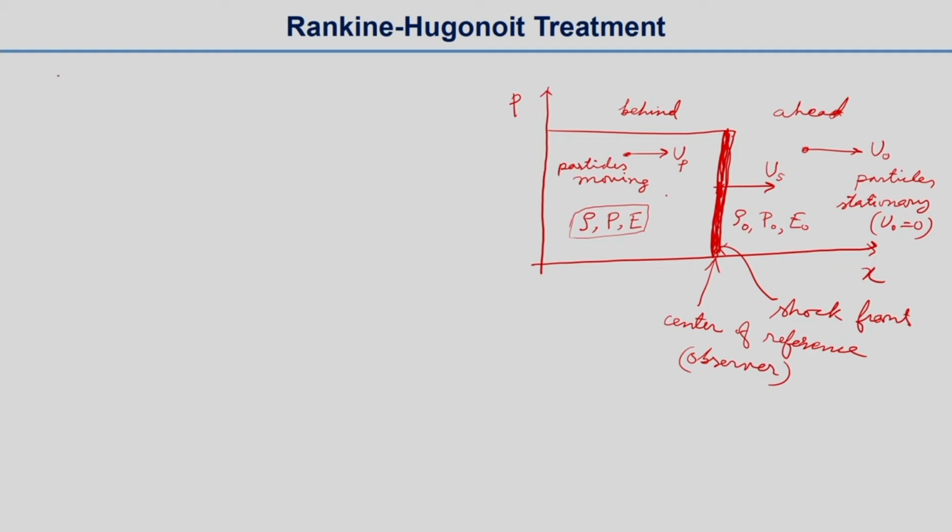This is, as I told, what we have written here as the Rankine-Hugoniot treatment. The Rankine-Hugoniot treatment was originally developed for fluids, as we know that for high pressure we assume that even for other materials we are treating them as a fluid.